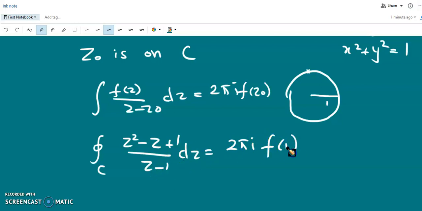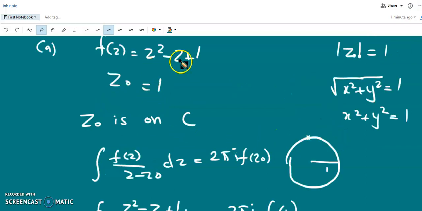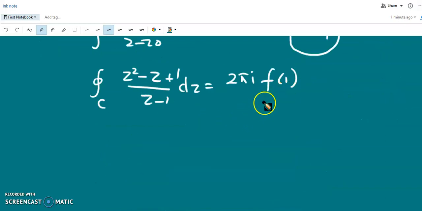Since f of z is z square minus z plus 1, f of 1 is 1 square minus 1 plus 1, so that is 1. So the result is 2 pi I.